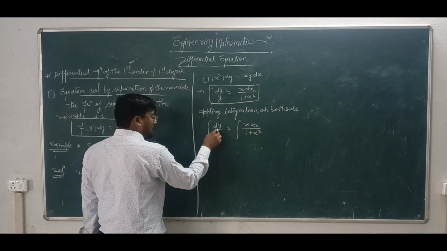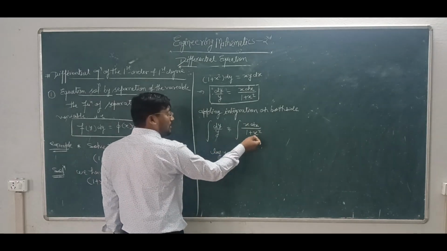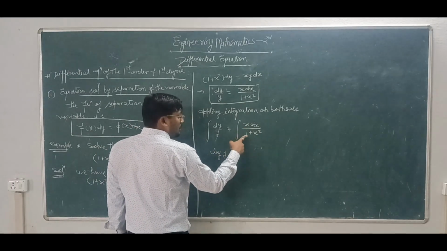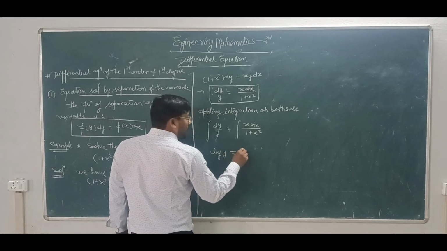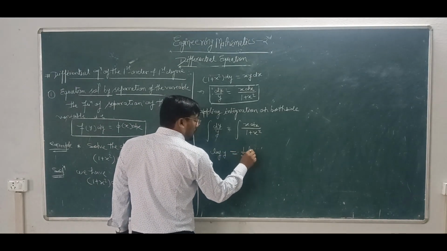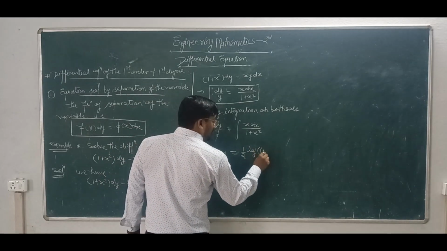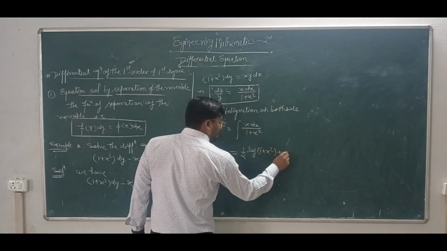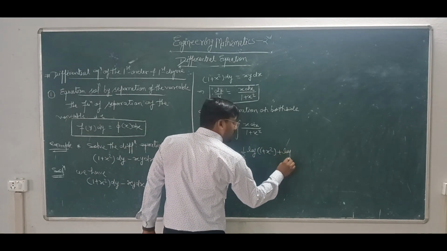Now you can solve. This is log y, and now again you can find this integration. Let 1 plus x square be equal to t. Now you get 1 by 2 log (1 plus x square) plus, sorry, log c.